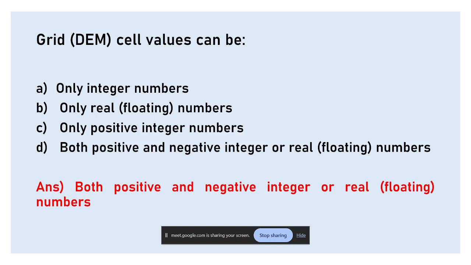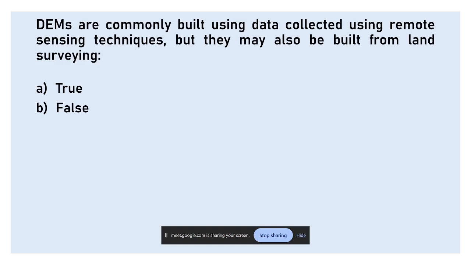But unlike grid cell values, this is fine. The normal raster cell values are either positive or negative. DEMs are commonly built using data collected using remote sensing techniques, but they may also be built from land surveying. Is this possible or not? Is it true or false?